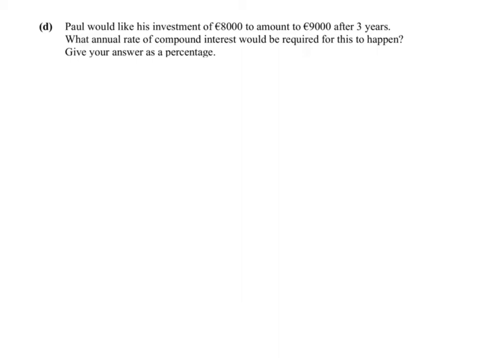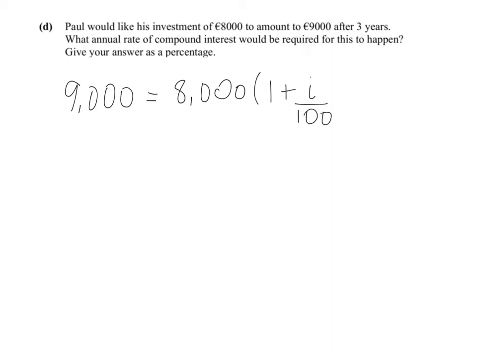So let's fill it in. He wants his future value to be 9,000. That's going to be equal to his principal amount, P, with 1 plus whatever the interest rate is, remember, divided by 100 because it's 100% of the cost, and that's going to be to the power of 3, for 3 years.